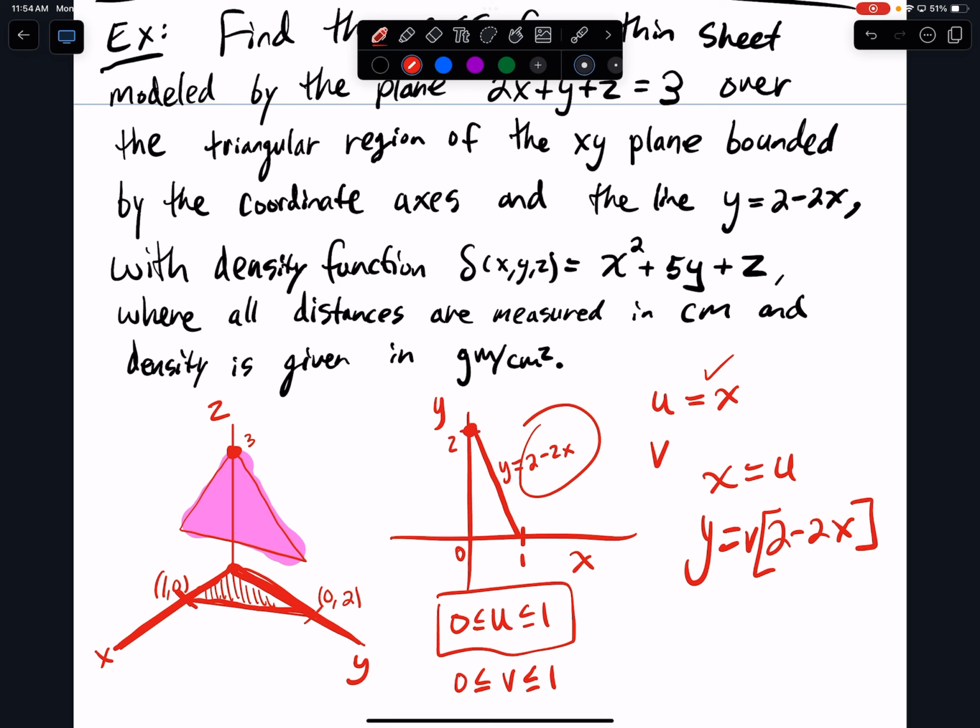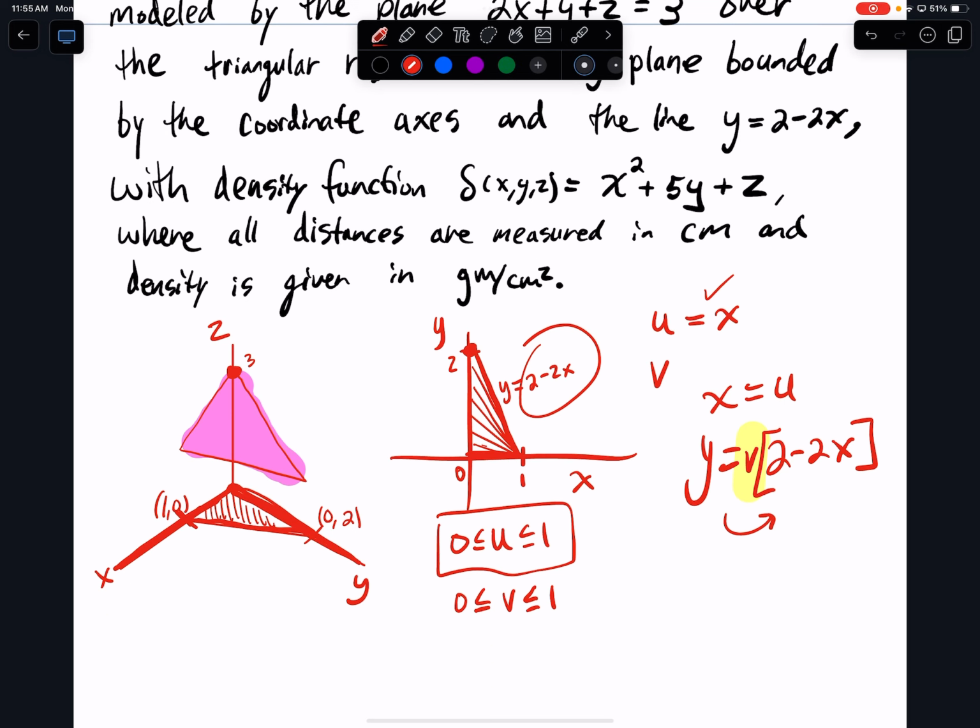If v was equal to 0, I would want this horizontal line here, and it makes up all the pieces in between from here to here, right? So just add that v in and set it between 0 and 1 to parameterize. Okay?